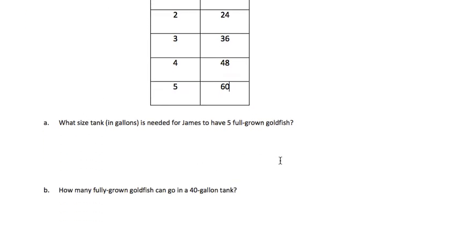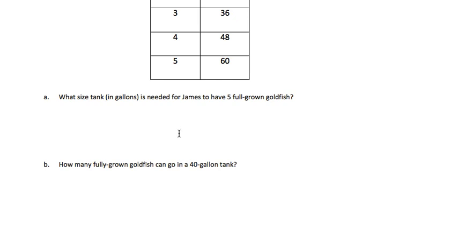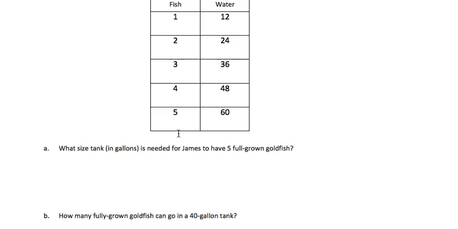We can then answer the questions. What size tank is needed for James to have 5 fully grown goldfish? We filled that in just a moment ago, 60 gallons. How many fully grown goldfish can go in a 40-gallon tank? Now, we don't have that value in our table, but we can't have a partial fish. So a 40-gallon tank would only be able to handle 3 goldfish.